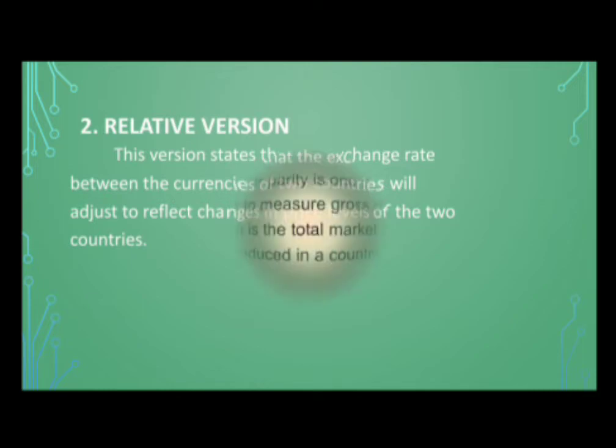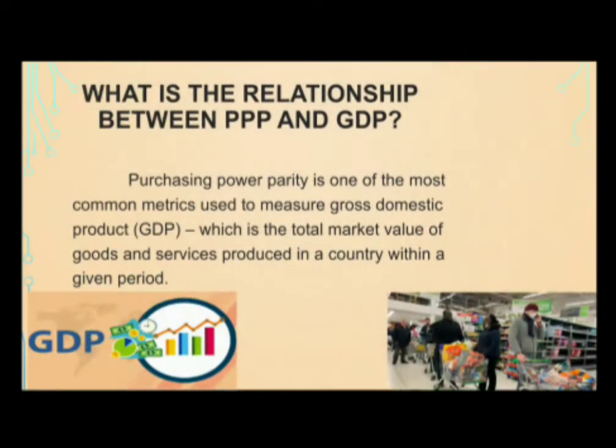Then what is the relationship between purchasing power parity and gross domestic product? The gross domestic product is the popular metric to calculate the size of a country's economy. The GDP, by definition, is the market value of all final goods and services from a nation in a given financial year.